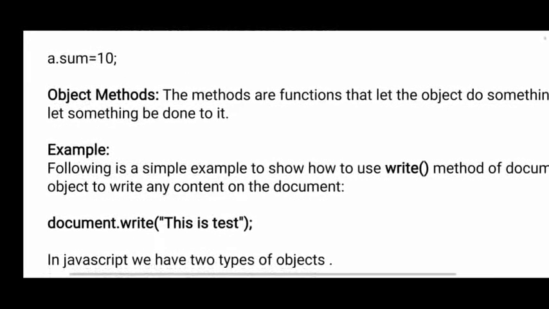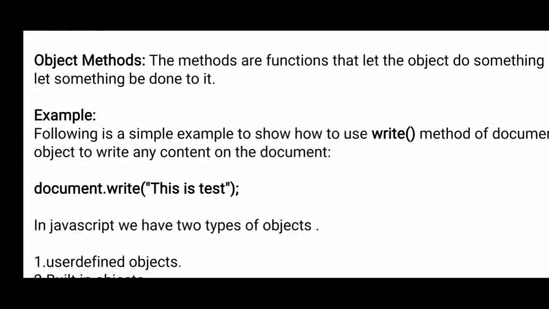Now, object methods. I have given the object property now. Properties are nothing but values. Methods are nothing but actions. What actions you want to perform on that variable, that is the use of a method actually. For what purpose will we use methods?